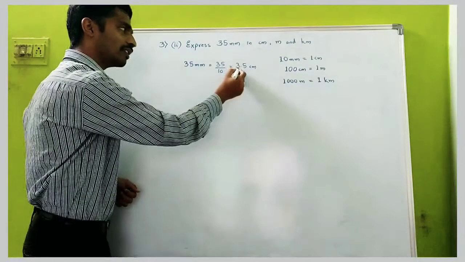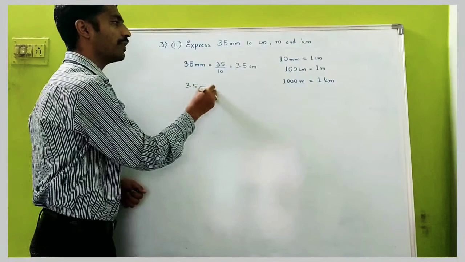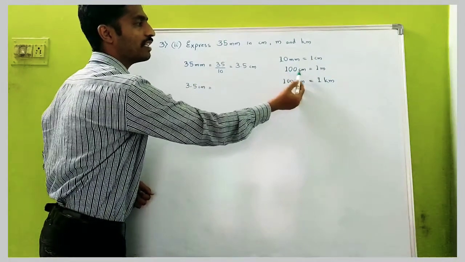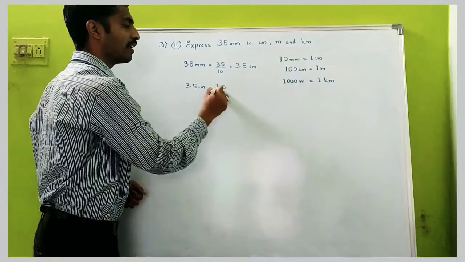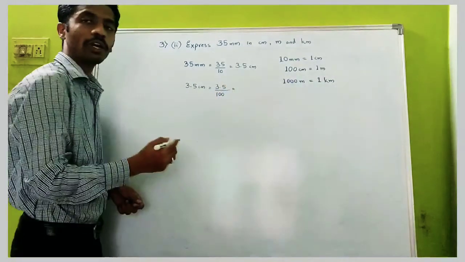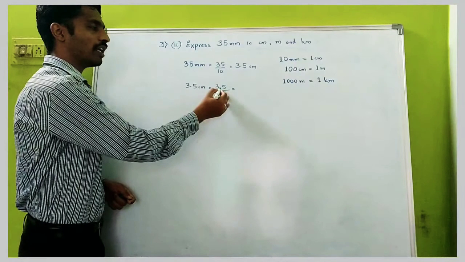Now taking this 3.5 centimeter, converting it to meter. So for meter, 1 meter, how many centimeters are there? 100 centimeter is there. It means 3.5 is there, divided by 100. Okay, so what you will get? 1, 2. So already after one number point is there.